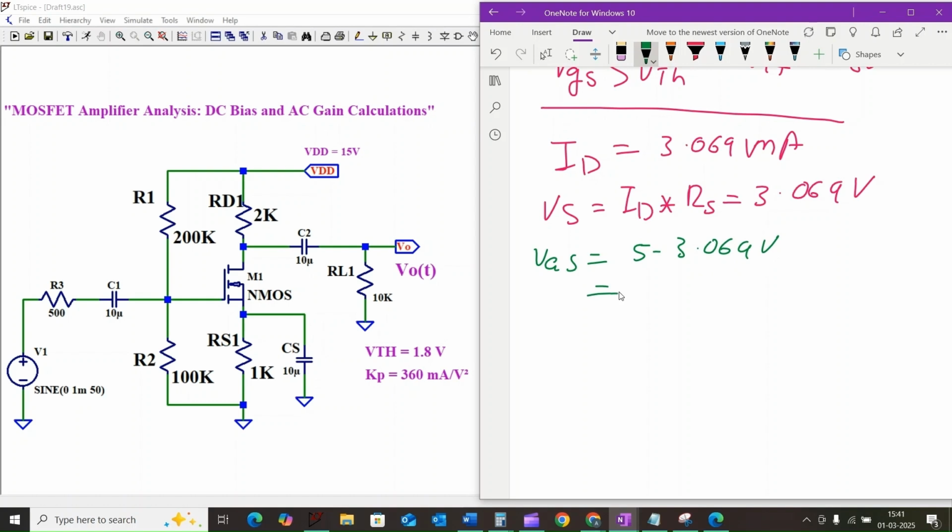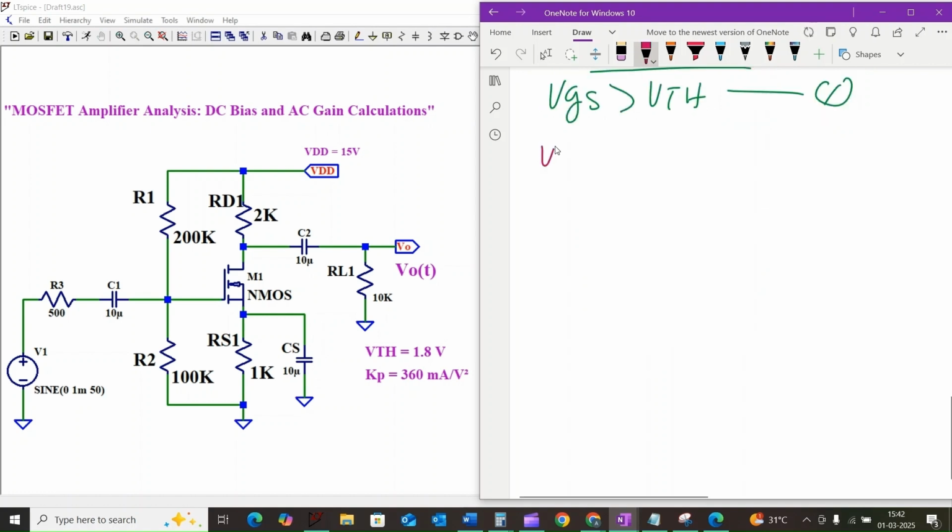When we simplify this, we will get 1.931 volt. So our VGS value is greater than VTH, so this condition satisfies the saturation region. Now condition number 1 is proved.